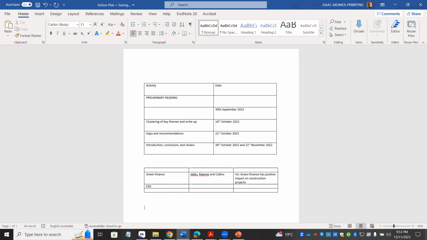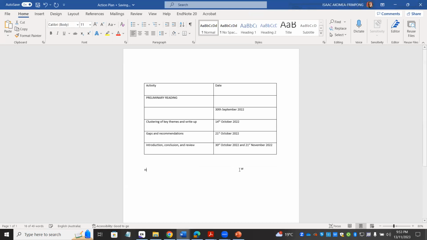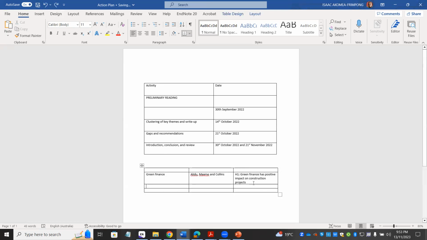So your task in this work, this is just the hypothesis for that thing. Your task is, one, you need to review and give us a general overview of green finance.